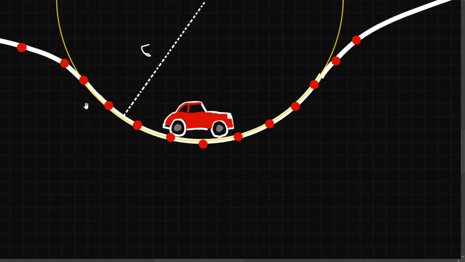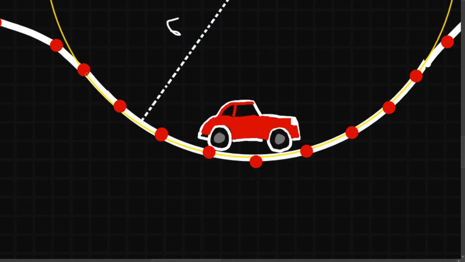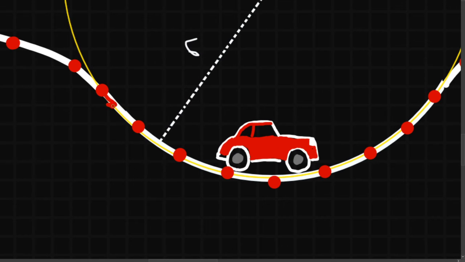Now, as far as the velocities go, let's think about it. It's traveling this direction here, and this direction here, a little smaller, and this direction here, and this direction here. Do you see how the velocity is changing? Look at this velocity compared to this velocity. It's a very different velocity.